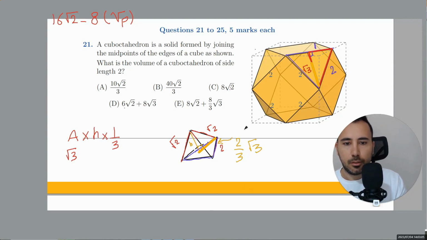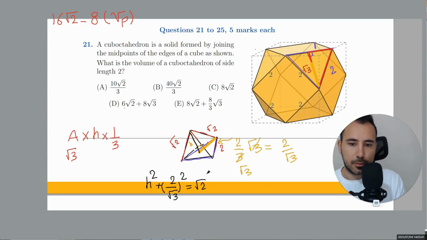So we could cancel this, this one and this one. It would be 2 over square root of 3. Okay, the question is over now. We have everything we need. Okay, so we're going to have h squared plus this one, which was 2 over square root of 3 squared, would be a square root of 2 squared.